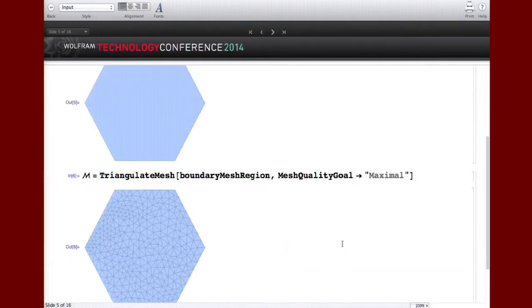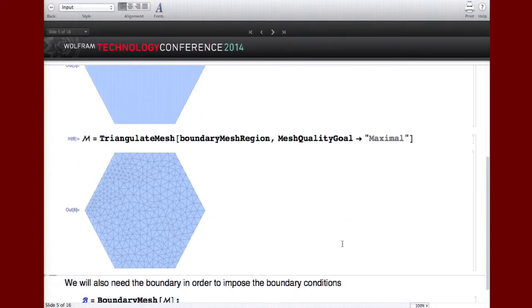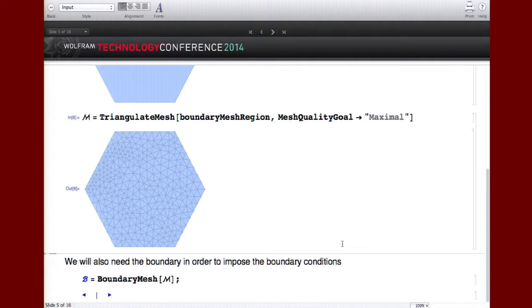And this, of course, is normally one of the hard parts of finite element, but I'll just let the function triangulate mesh do that. Here I've set the mesh quality goal to maximal. One can do, in fact, a much finer mesh if you like, and we will need to later. And I also need to compute the boundary mesh because I'll need to specify the boundary values at the boundary.